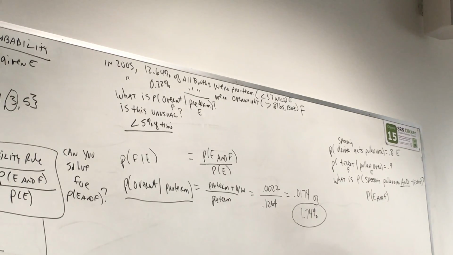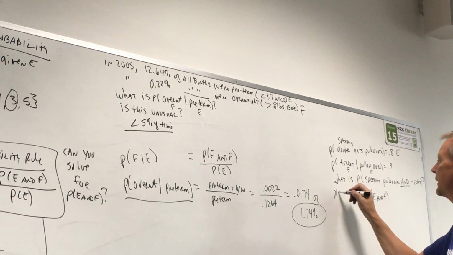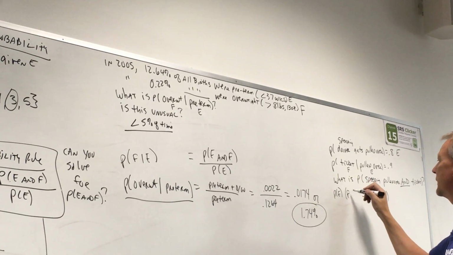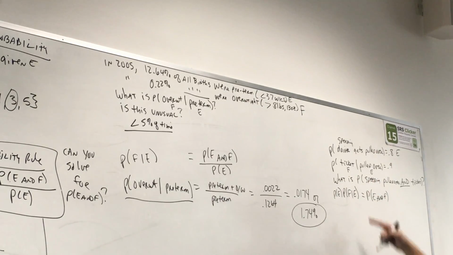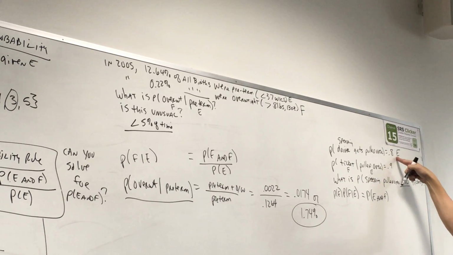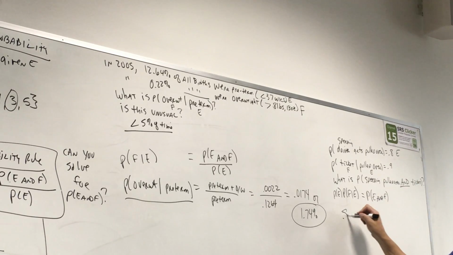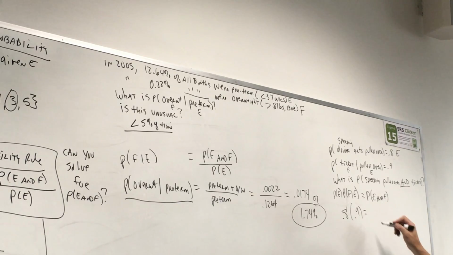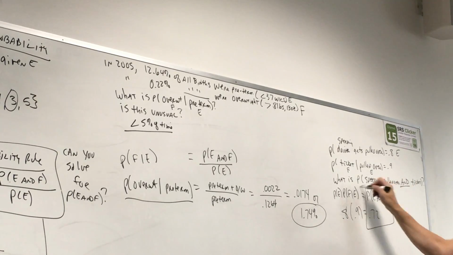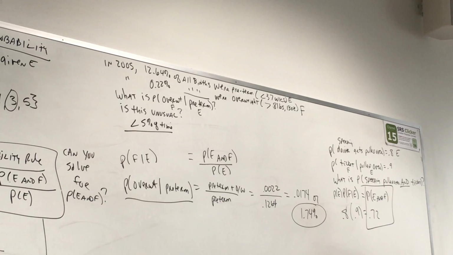That's the probability I want. So which equation do I use? The general multiplication rule, which says probability of E times the probability of F given E. Probability of E is 0.8. Probability of F given E is 0.9, equals 0.72. That's the probability that the driver is speeding and gets a ticket.